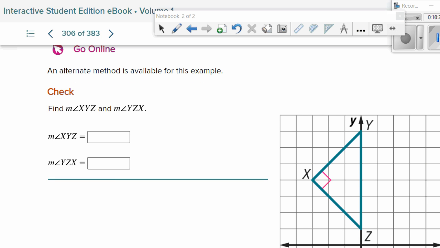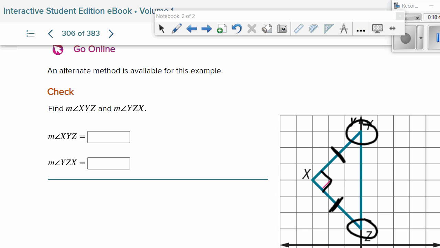In this particular case, they want me to get the measure of this angle here and this angle here. They're telling me this is 90 degrees. I want to find out, are these two sides equal to each other?